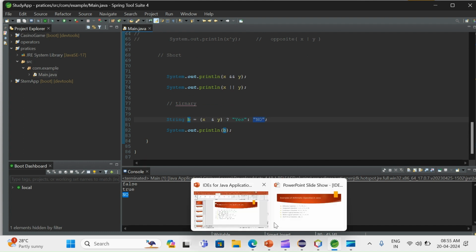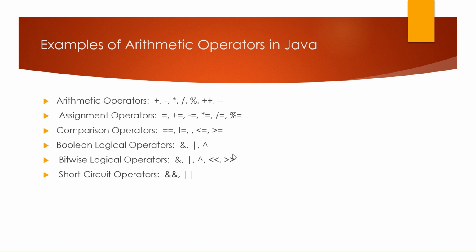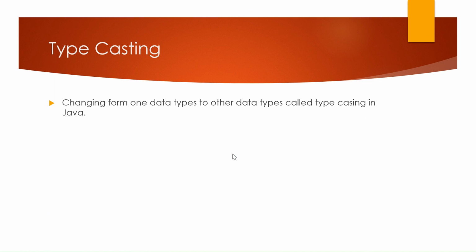So let's go back inside our operators. Now we will talk about typecasting. Typecasting is basically the conversion of one data type to another data type. Let's say we want to convert an int data type to a float data type, or an int data type to a long data type.